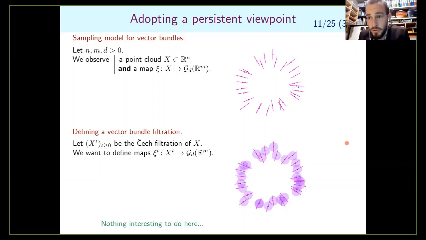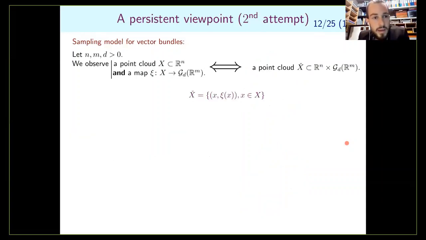We should adopt another point of view here. Actually, sampling, observing a point cloud and a map from this point cloud to the Grassmannian is equivalent to observing a point cloud in the product of Rn times the Grassmannian.